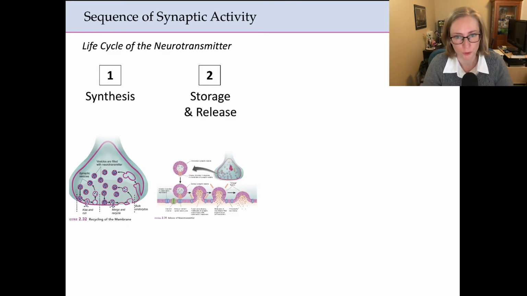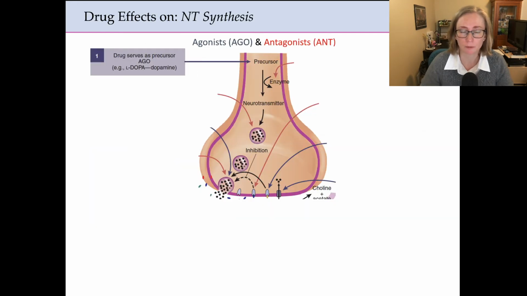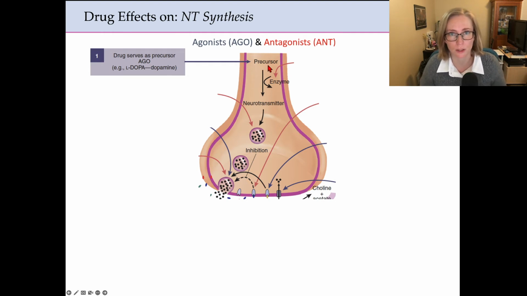Okay, just to reiterate the different locations that drugs can have their effects. We're going to go through these. Starting with neurotransmitter synthesis, we talked about one example of this, L-DOPA, right? You can give a drug, which is L-DOPA, that's given to Parkinson's patients. Their substantia nigra is degenerated. They cannot make new dopamine themselves, but what you can do is you give them a precursor. L-DOPA is a precursor.